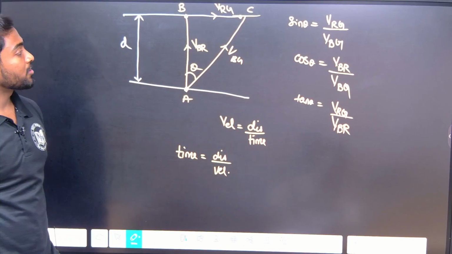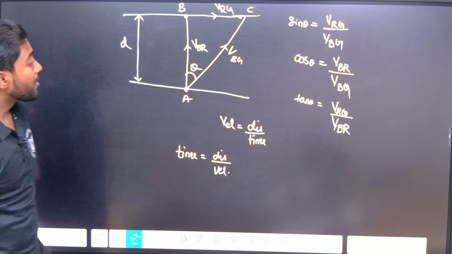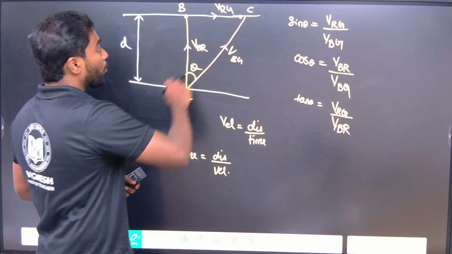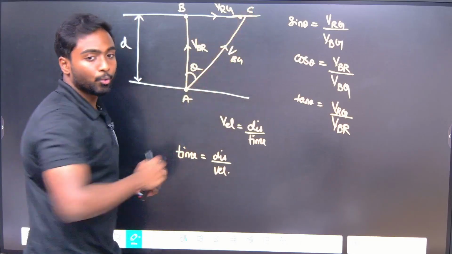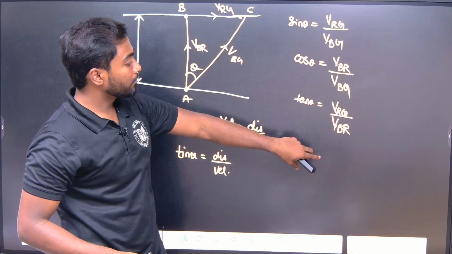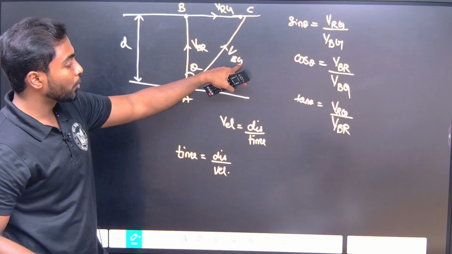Now the shortest time I should find, which means I need to get this velocity. If I want to go to the point C in the shortest time, this is the velocity I need to use. So I can use either sin theta or cos theta, or the velocity of the boat with respect to ground.